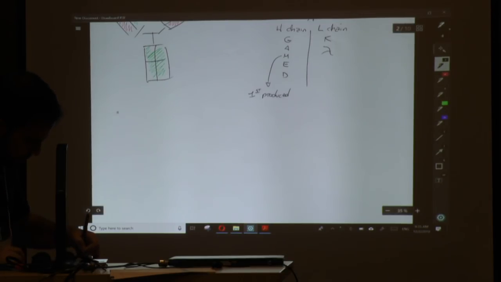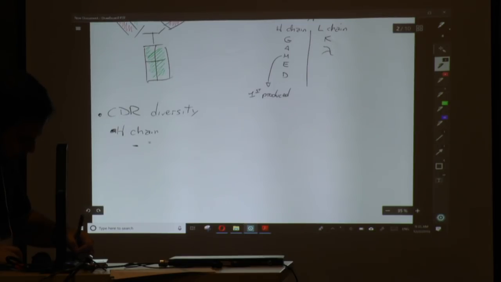So for your heavy chain, let's see, CDR diversity.